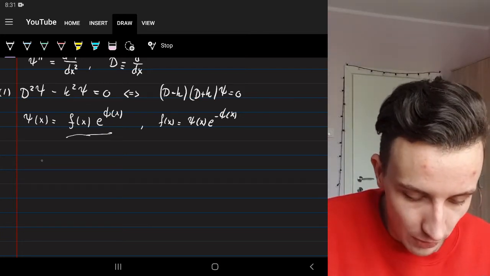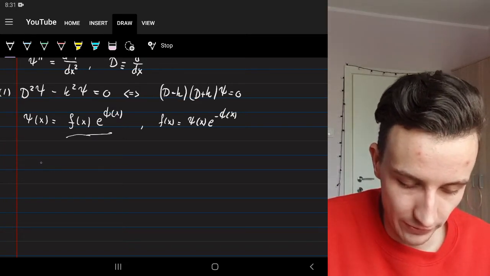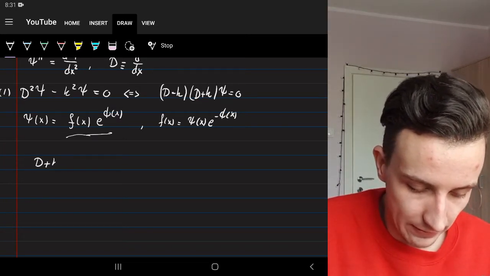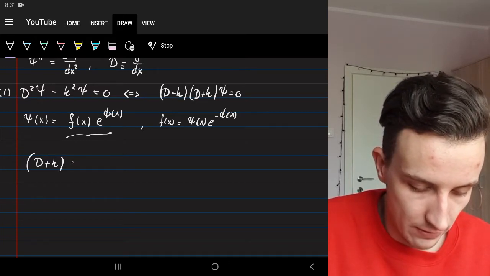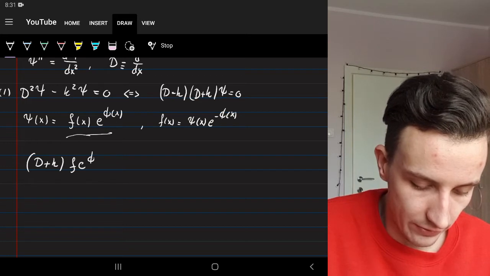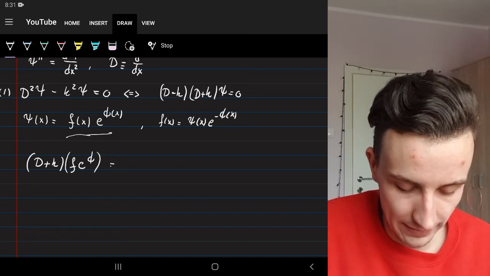So right now, when we put in f e to the phi, we'd like D plus k acting on f e to the phi to simplify to something. Well, let's see what that is.